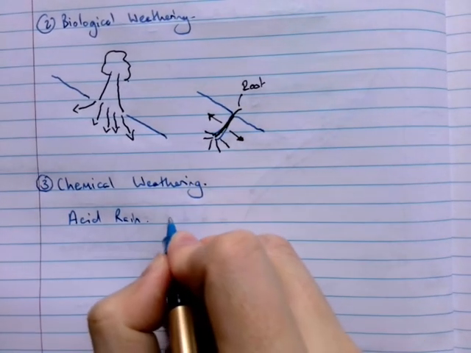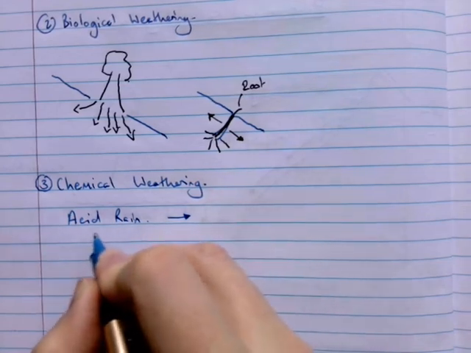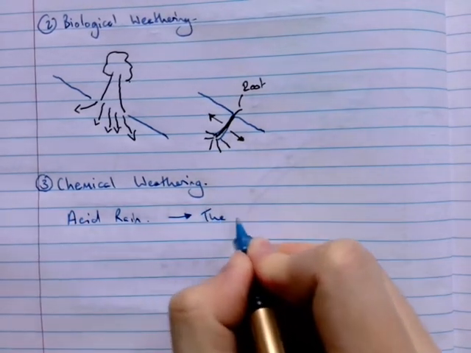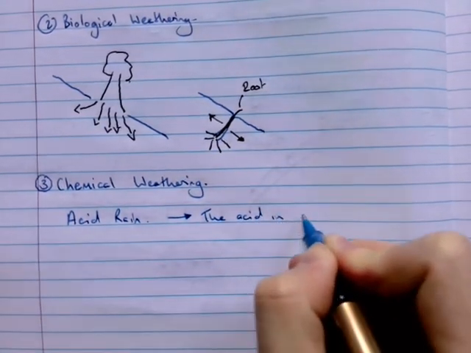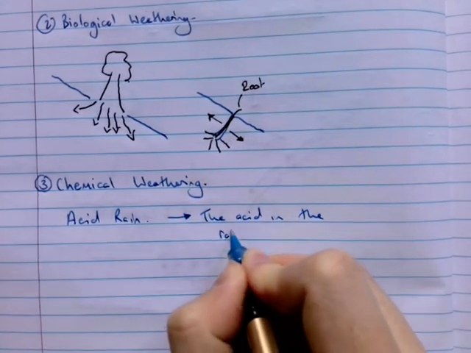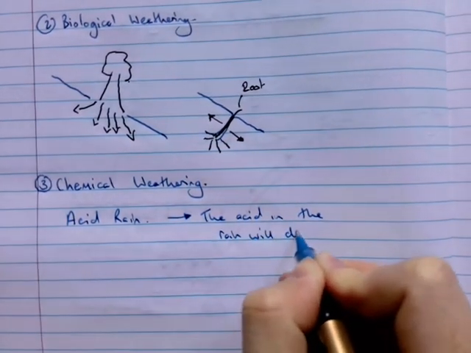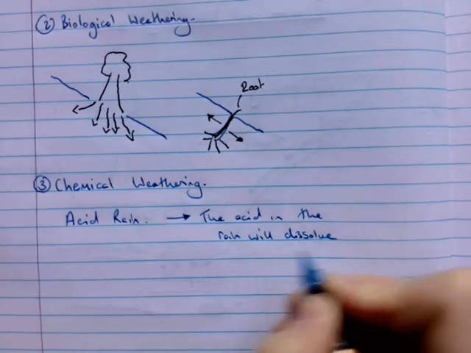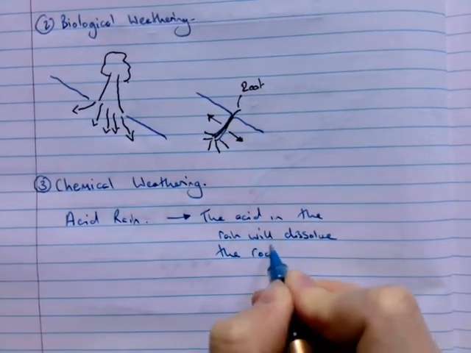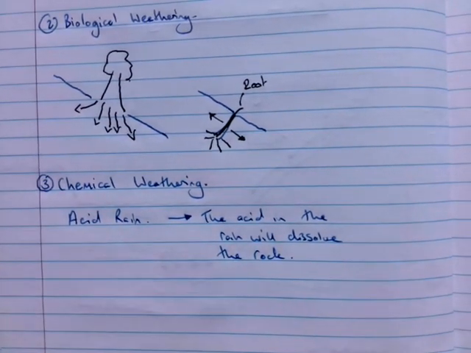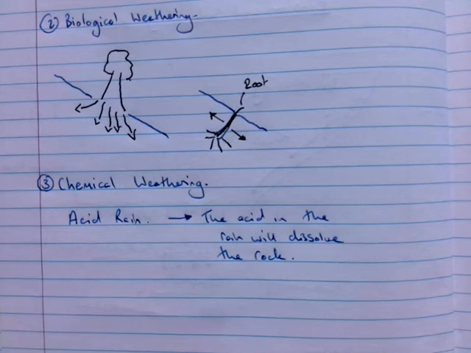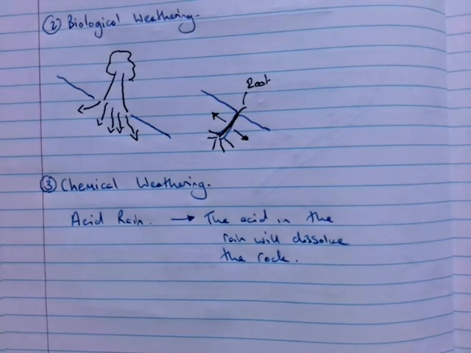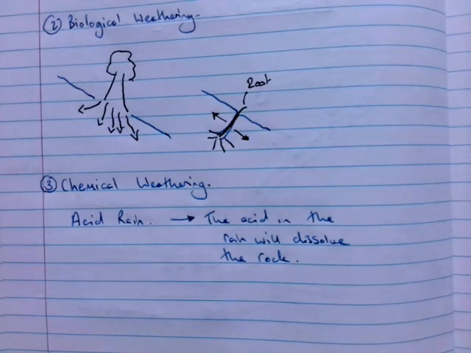All right, and all this does is the acid in the rain will dissolve the rock. Okay, and once it's dissolved the rock, the water with the bits of rock that have dissolved in it will go into the rivers and be transported down the mountain to the sea where it is deposited.